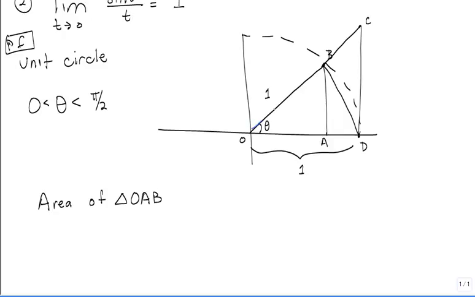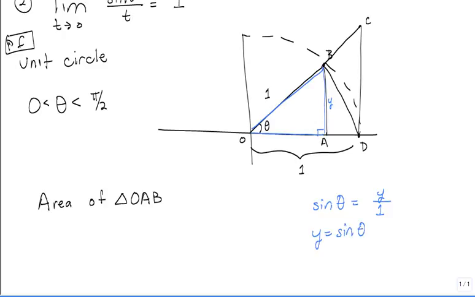Okay, that's this. That's a right triangle.